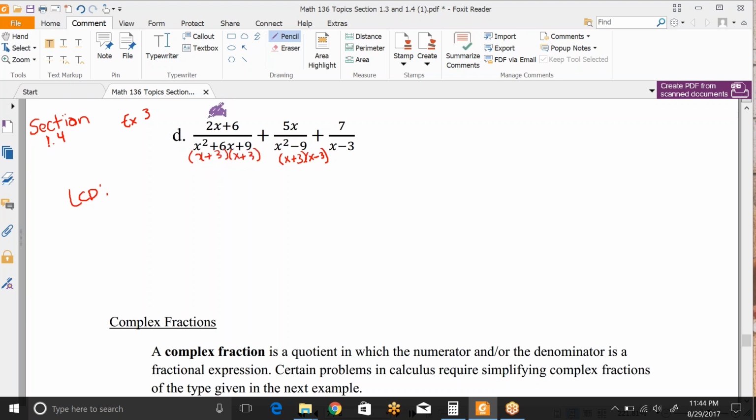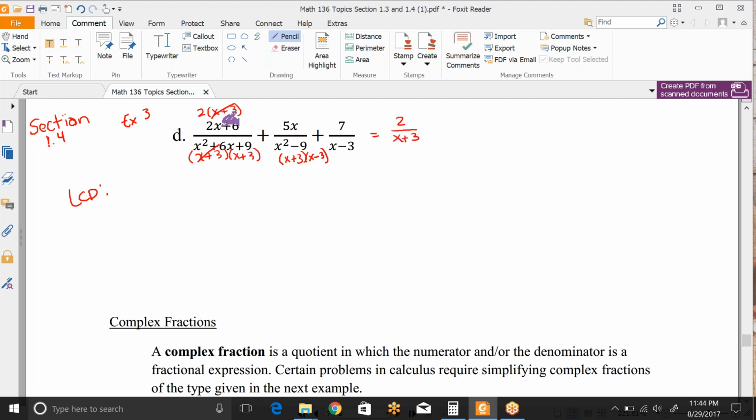But I want to point out that you should always check the top if you have something squared like this to see if it could be reduced out. And if we pull a 2 out of that top, because this is in the same fraction together, we can reduce that out. So I'm going to rewrite this as 2 over just x plus 3.